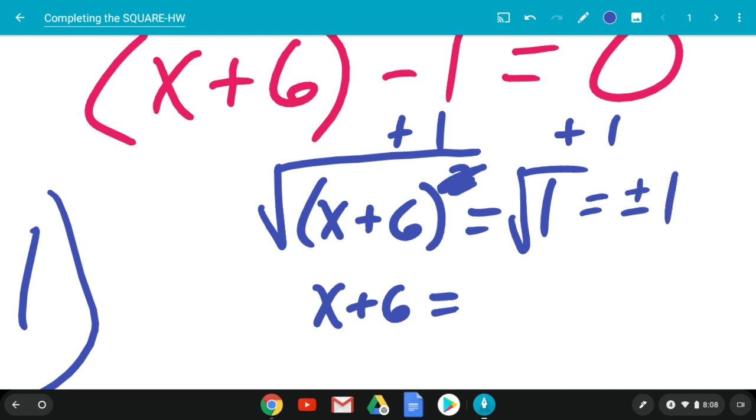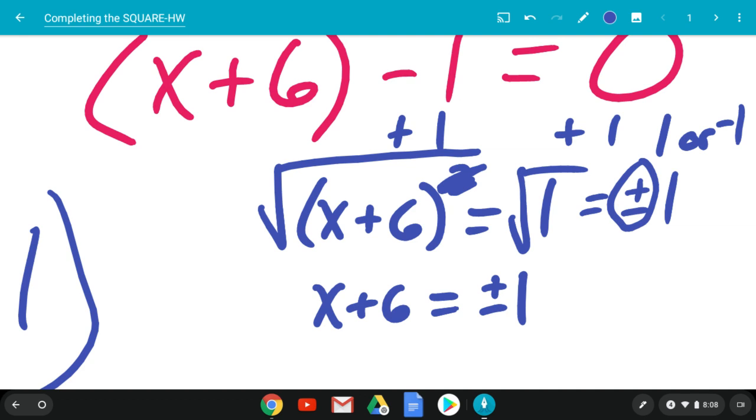So there's two solutions. Well, that's cool because there's usually two solutions, aren't there? Yeah, there are. So this is going to be a plus or a minus 1. Plus or minus, that little sign right there, is just shorthand for me saying a positive 1 or a negative 1. You understand that? Okay, so I'm still not done.